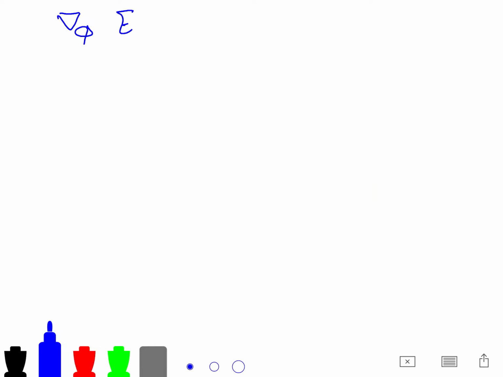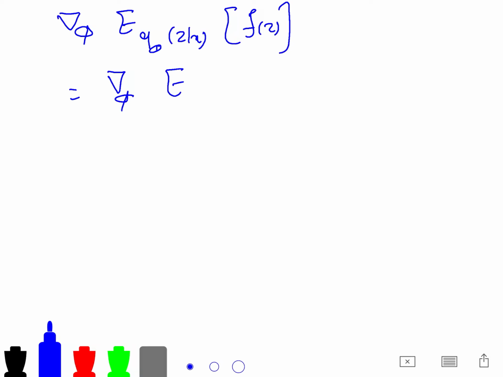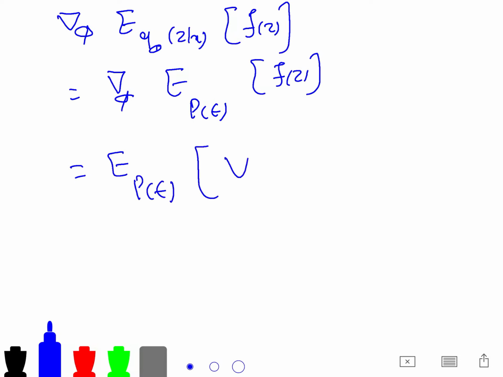So the gradient with respect to phi of the expectation over q phi of z given x of f of z is just the gradient of the expectation over p of epsilon of f of z, which is the expectation over p of epsilon of the gradient with respect to phi of f of z.